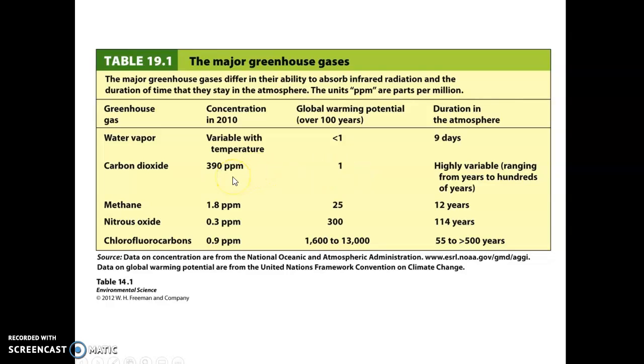If we look at CO2, of the remaining items on this table, it has the highest concentration. Here, this was from 2010, and there were 390 parts per million of CO2. Every year that I've given this lecture, the concentration of carbon dioxide has gone up each year and has to be revised in the slides each year.